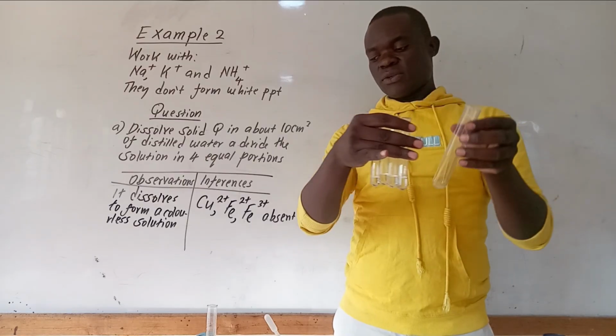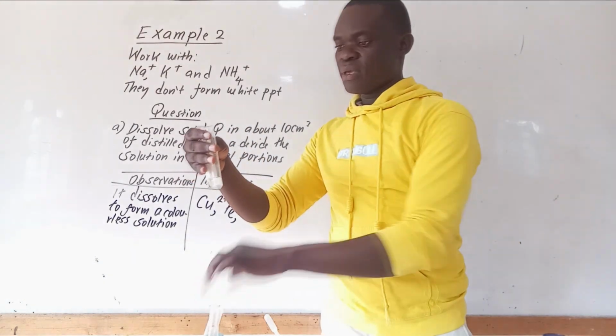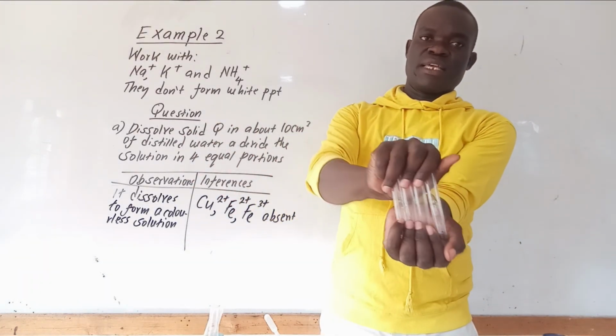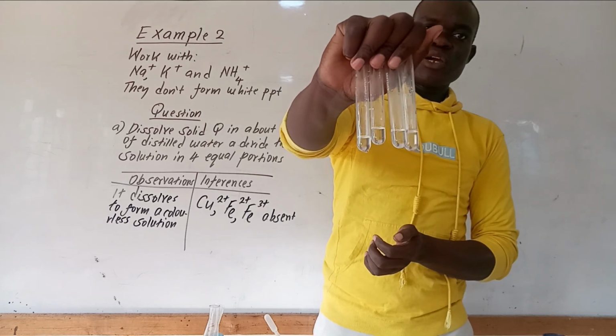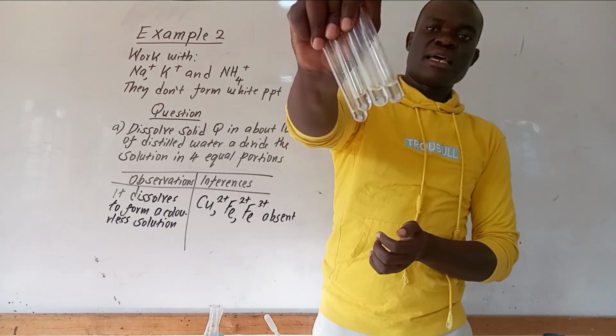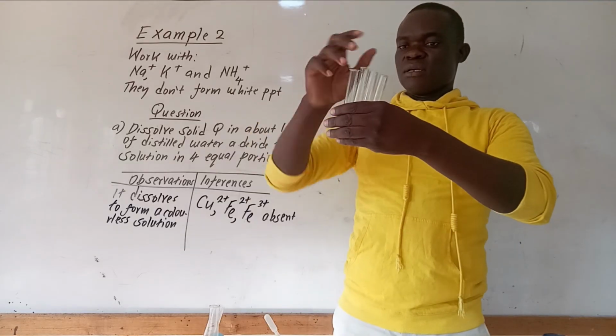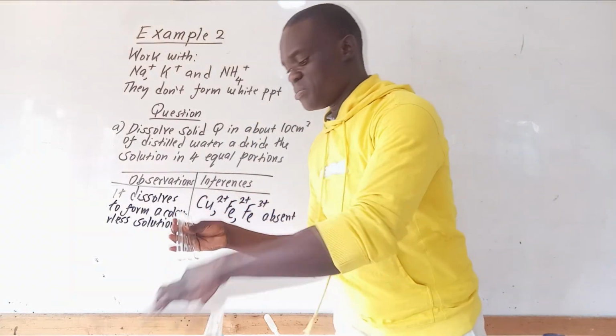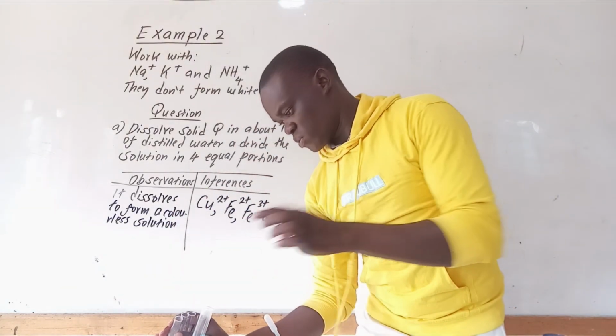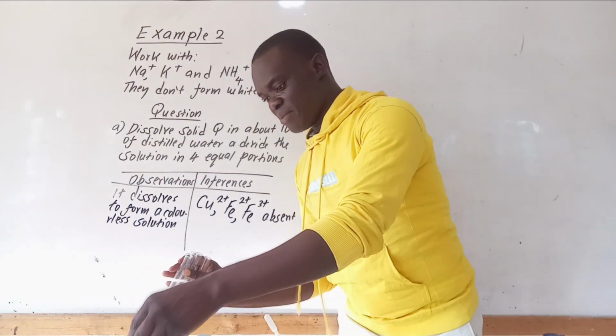So these are the portions of the liquid formed. They are colorless portions. So I will put them in my test tubes.